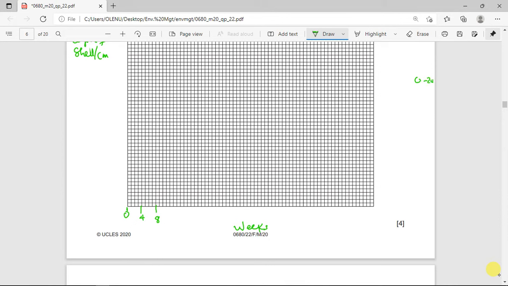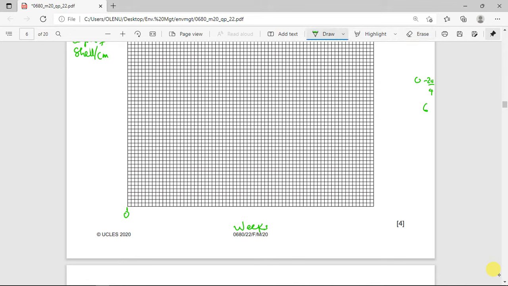And if I divide 24 by 4 to give you 6, so I'm looking at 6 points here. The graph should always cover more than half the space provided. So I will go with 8, so 2 represent 1.